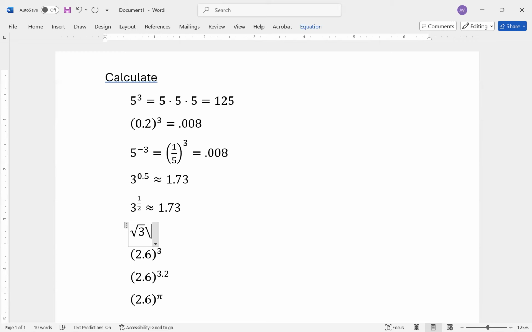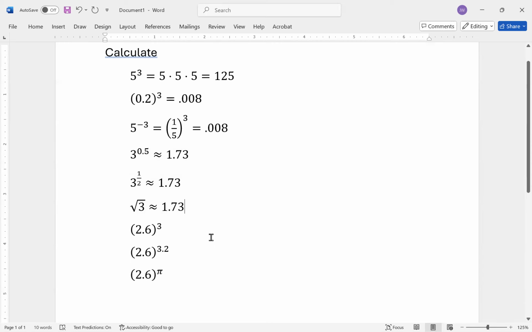The square root of 3 is 3 raised to the 1/2 power. So all of these things are equivalent: raising to the 0.5 power, raising to the 1/2 power, and taking a square root. So when we have fractions in our exponent, we can use roots to get those things calculated. We can also just plug them in into our calculator.